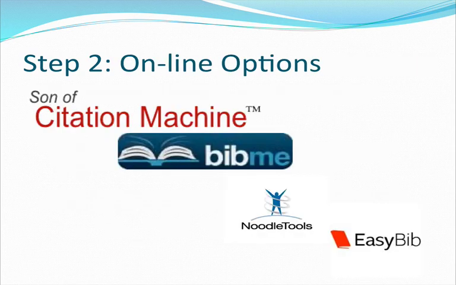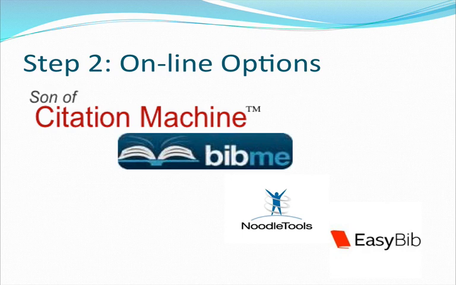So for example, Citation Machine, bibme.com, Noodle Tools, or EasyBib are all online sources where you can take the information from the text that you accessed, you can take the title, author, publishing, date, accessed information, type it into one of their very simple templates based on what type of source you used, and then it formats the entire thing for you. It tells you what is capitalized, where there's a comma, where there's a colon, a period, etc. It will do all of that for you.